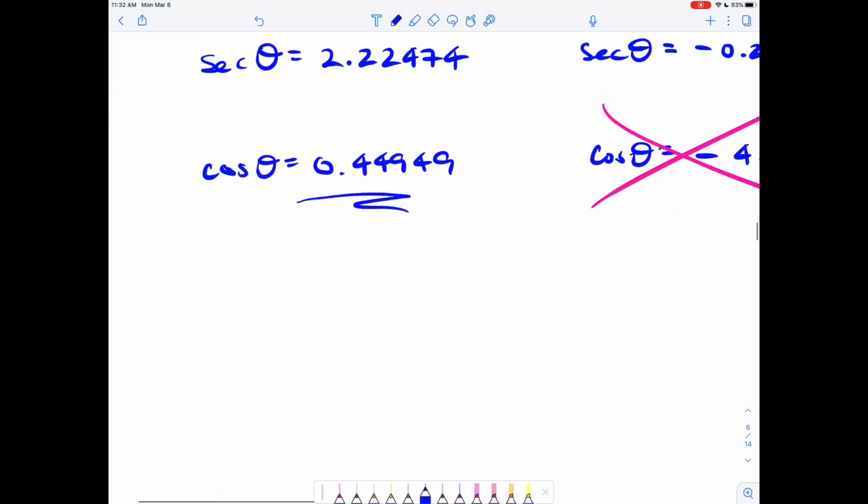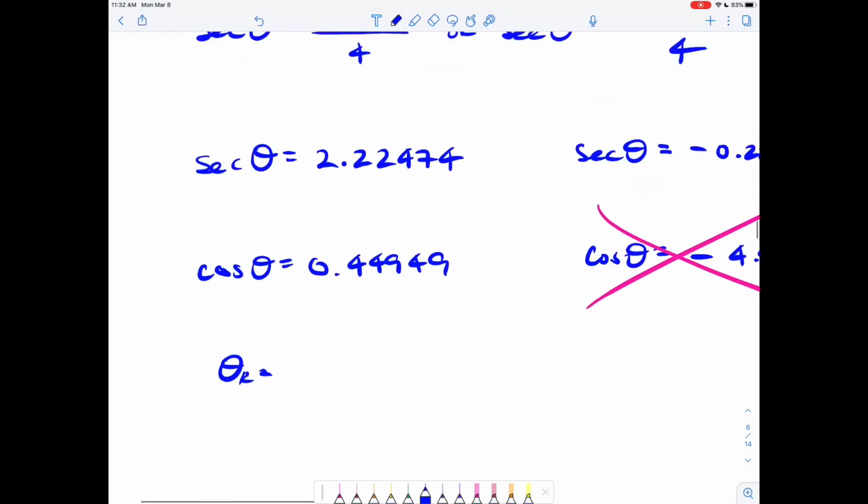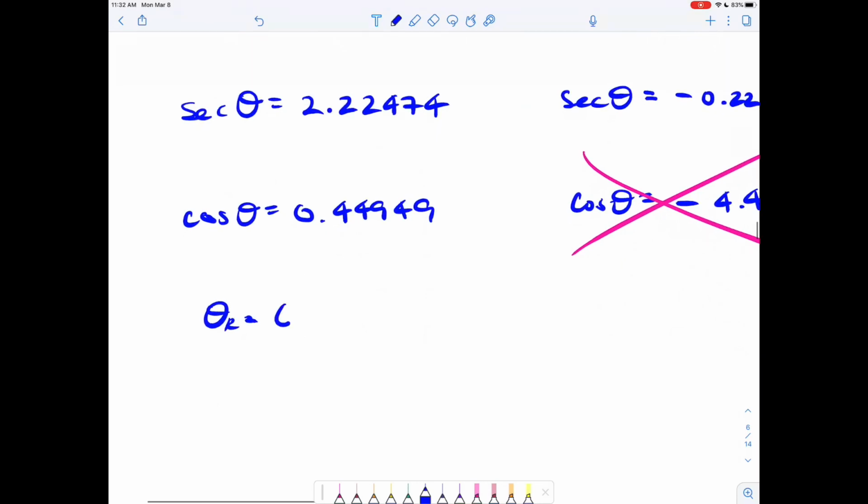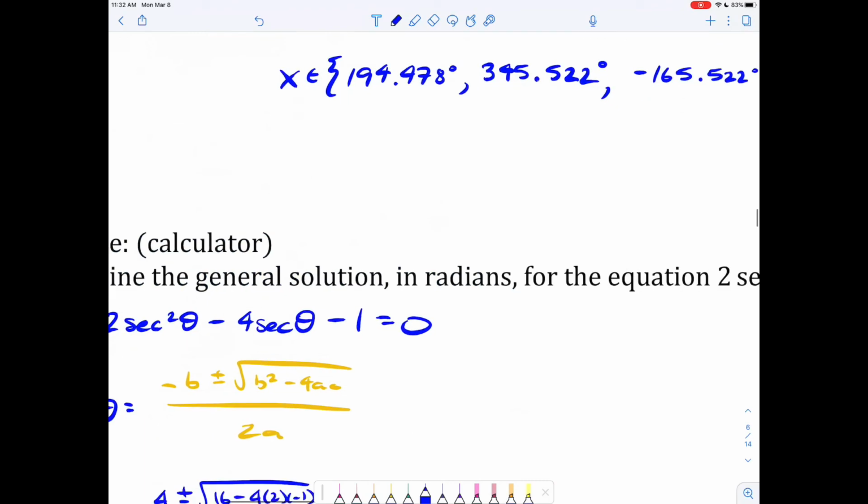And now for this one, we can get a reference angle. So inverse cosine of that, let me go back to get more exact things in my calculator. Root of 24, divide that thing by 4, take its reciprocal, and then take the inverse cosine of that answer. I'm getting 63 point, oh wait, what mode am I in?